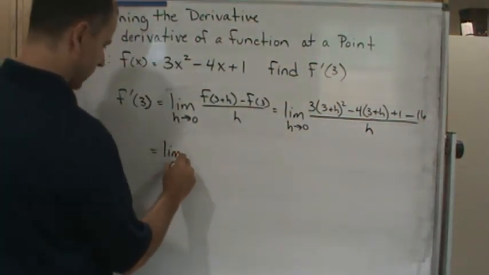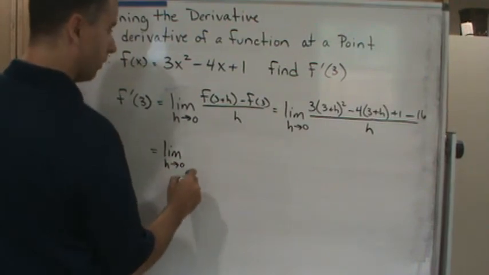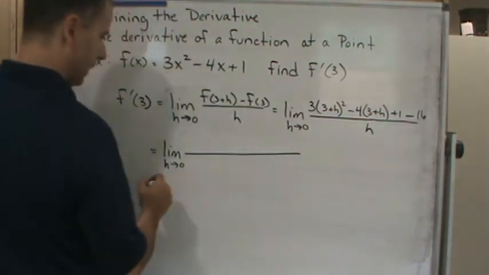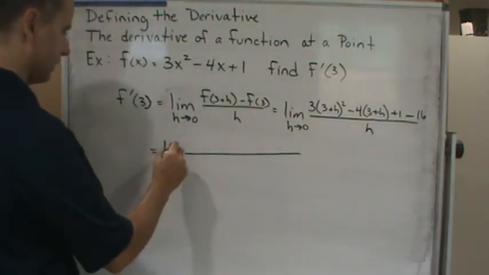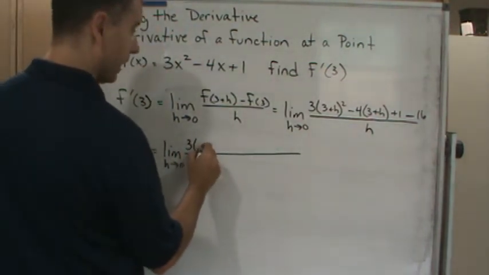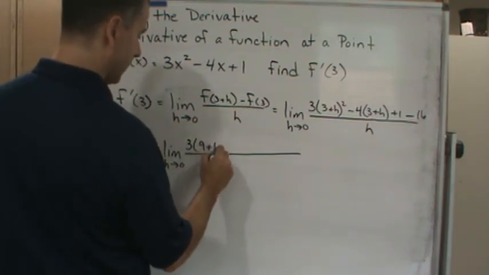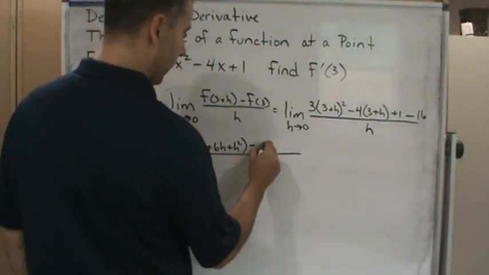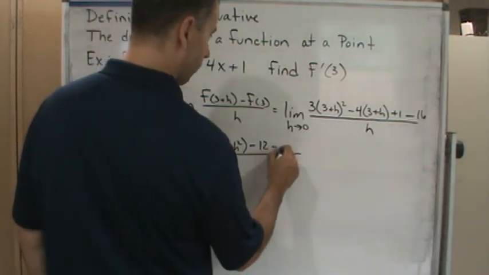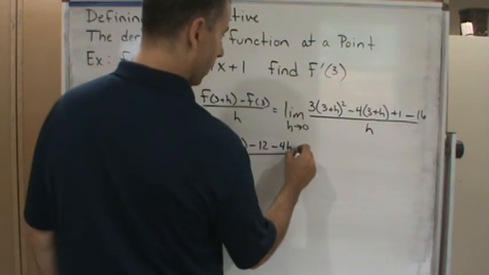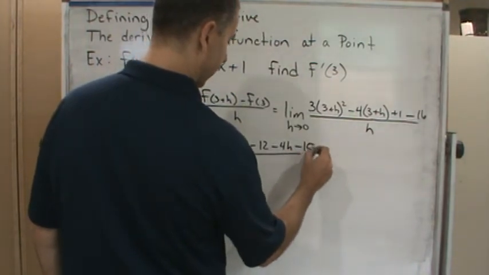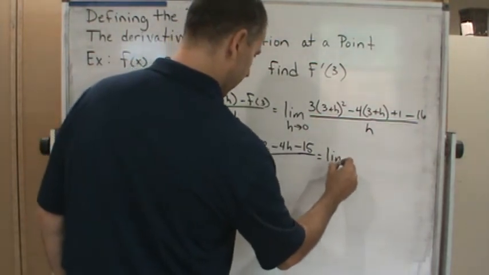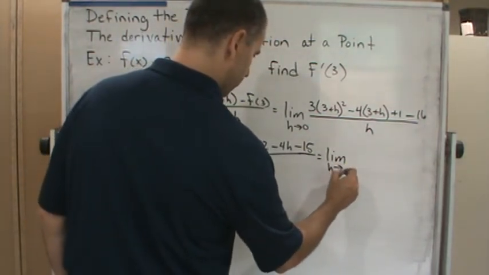Okay, now what I'm going to do is simplify again. So this is going to be the limit as h approaches 0. Now on the top, I'm going to get 3 times 9 plus 6h plus h squared minus 12 minus 4h minus 15 over h. And then again, I'm going to write the limit as h approaches 0.